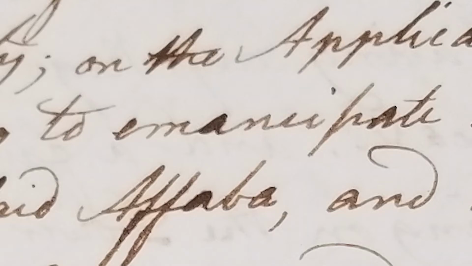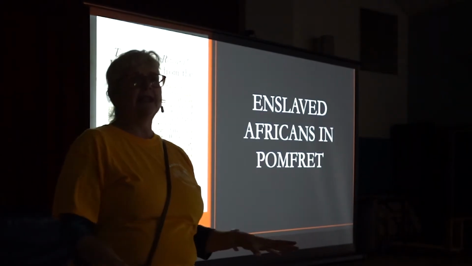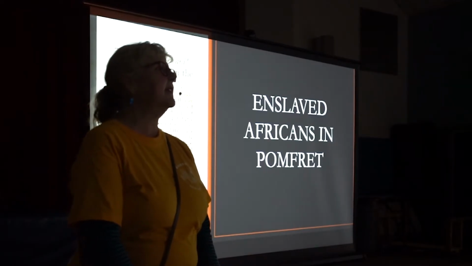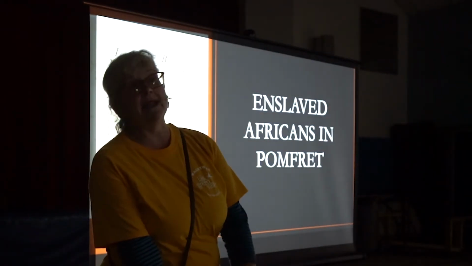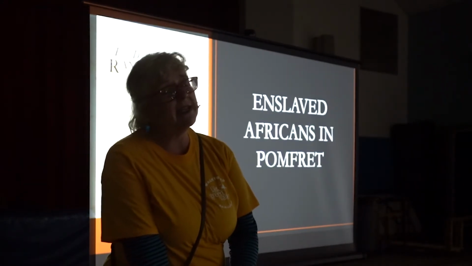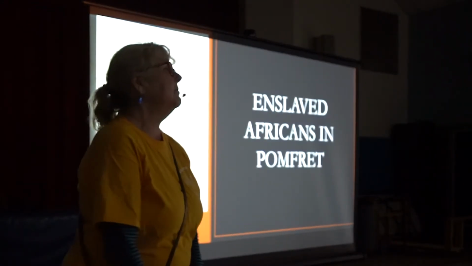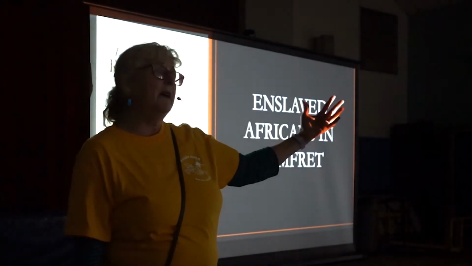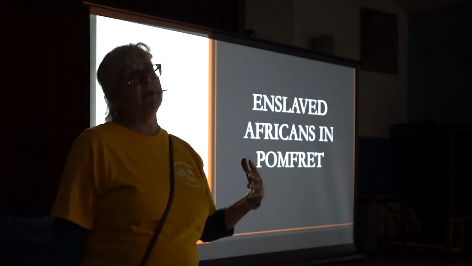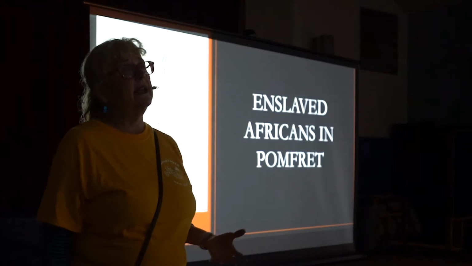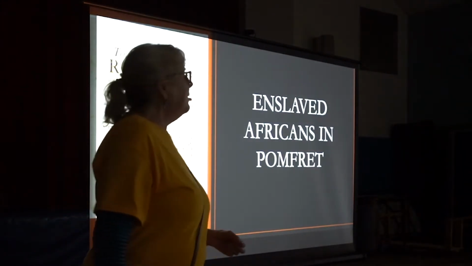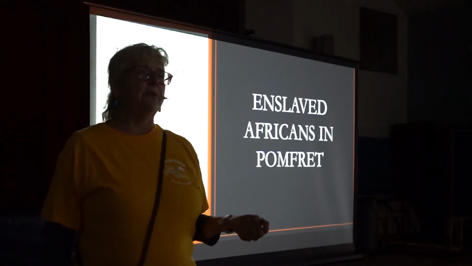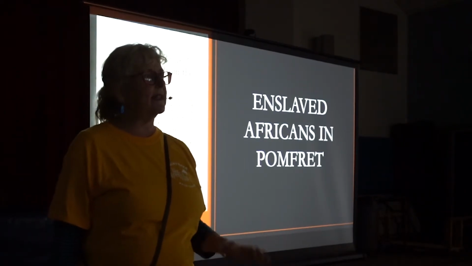But people didn't realize that we had many enslaved Africans right here in Pomfret, and more so than in Mansfield or Tolland. And the reason for that is because we were so tied with the migration of people coming over from Rhode Island, and those Rhode Islanders who had ties to the slave trade. But there were many people who had lived here for generations who still used enslaved labor.